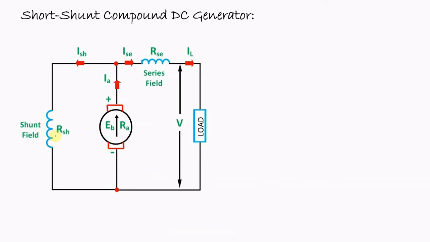So here the shunt field winding and the armature winding are connected parallel to each other, and then the series field winding is connected in series with this combination.